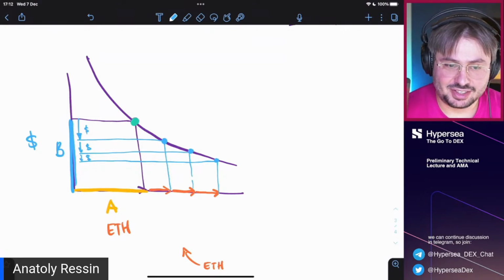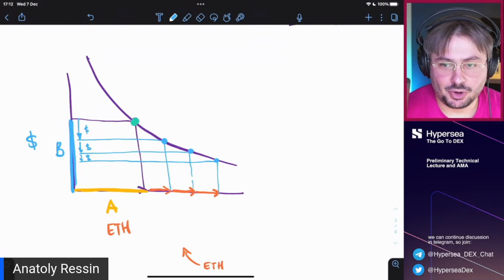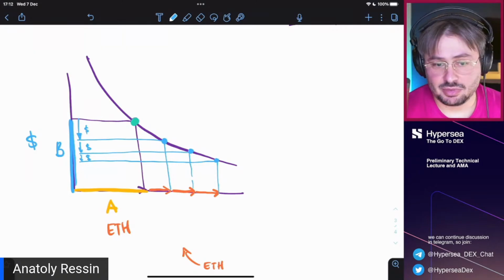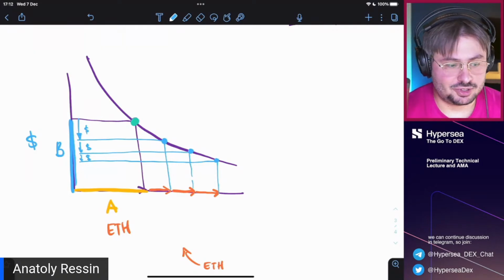So it means that the more you are selling, the more you are affecting the price on which you sell. And the same will be in opposite.